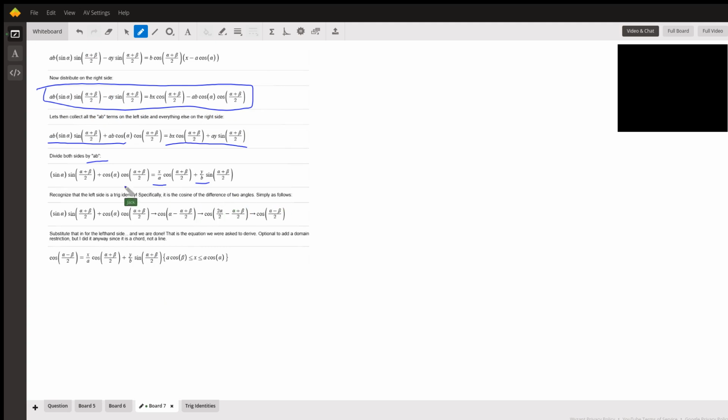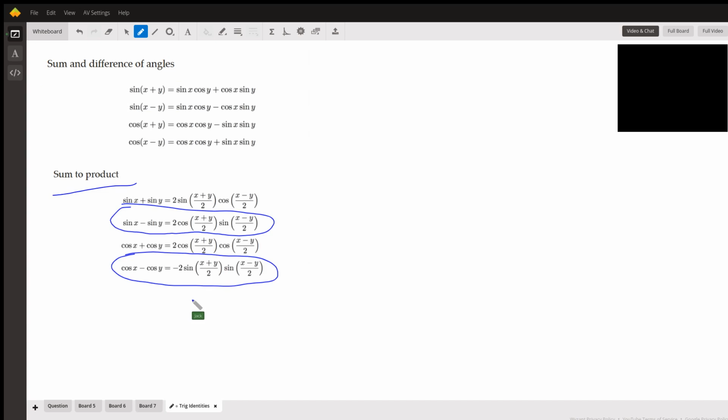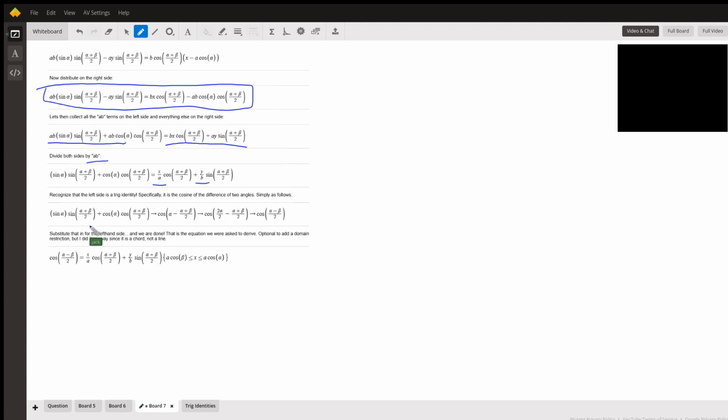But on the left-hand side, we have sine, sine, cosine, cosine. We should recognize that as another trig identity. Specifically, it's going to be the difference of angles. It's going to be this bottom one here, cosine of x minus y. Now they have cosine, cosine, sine, sine first, but the order doesn't matter. So this sine, sine, cosine, cosine is really going to turn into cosine of the difference between those two angles, our angles being alpha and alpha plus beta over 2.